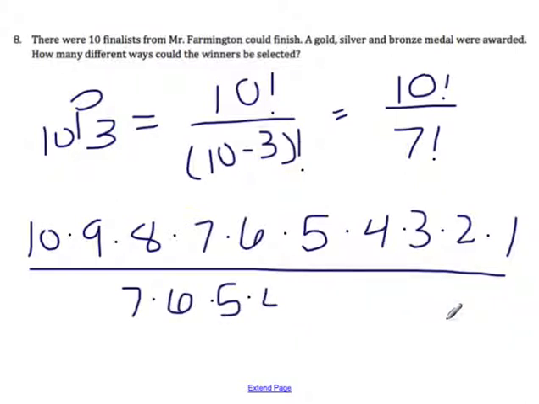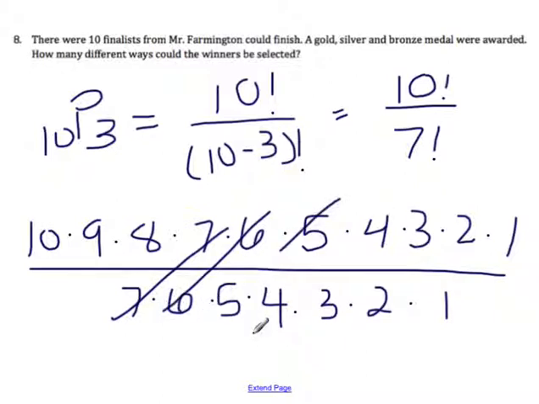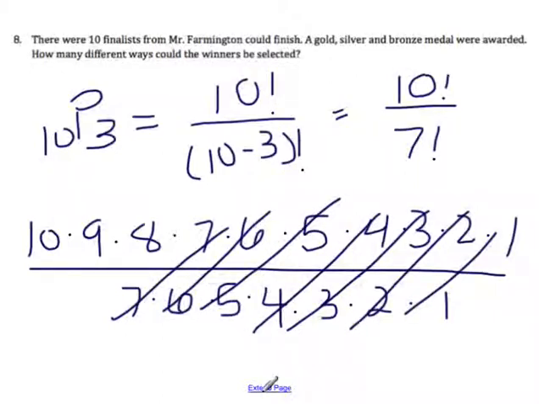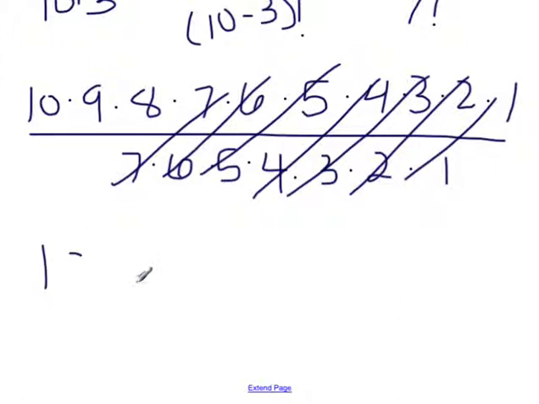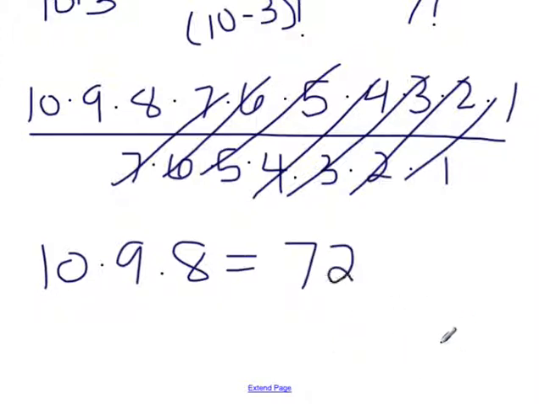And so I'm just going to cross off my numbers now that are overlapping. So then we have 7, 6, 5, 4, 3, 2, and 1 canceling out. So then I'm left with 10 times 9 times 8. Then this one is 720. So there's 720 different ways that those Mr.